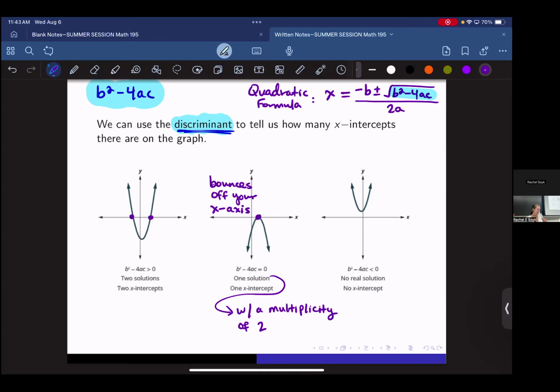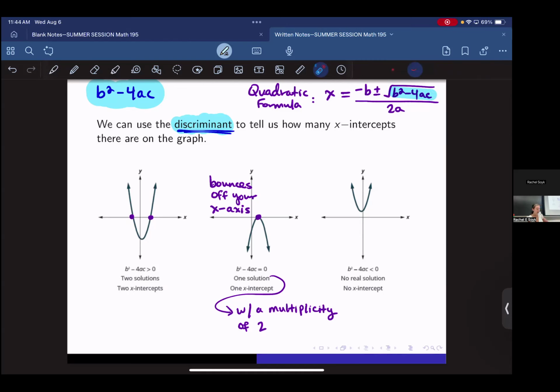And then finally, the last case is when you enter into the imaginary world and you have your b squared minus 4ac is less than 0. So the square root of negative 4 ends up being 2i, 2 imaginary, which means we're no longer in the real number system.